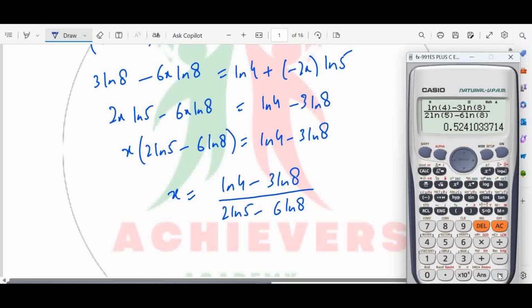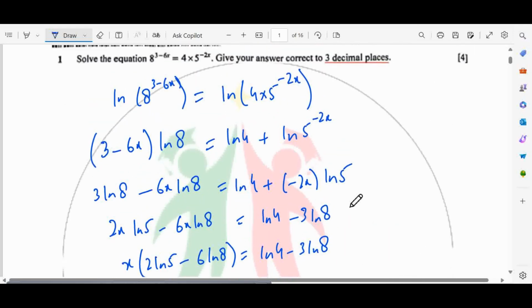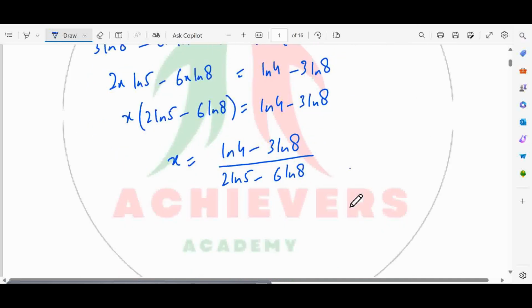So this will be equal to 0.524. Now we correct it to 3 decimal places as given in the instruction, that is why x will be equal to 0.524. This will be the final answer.